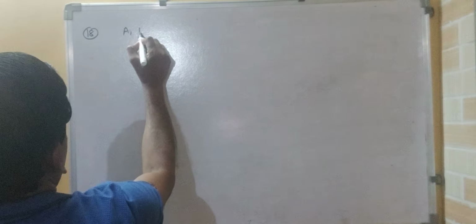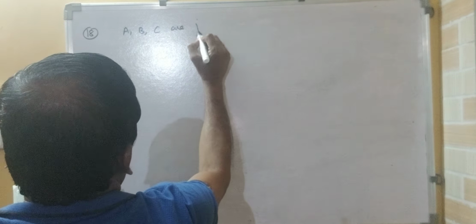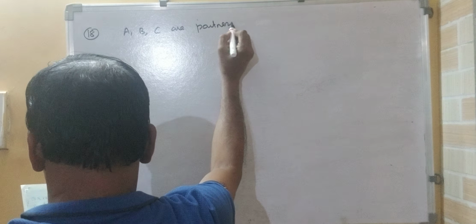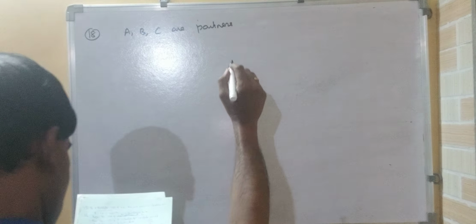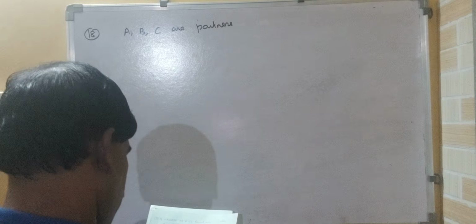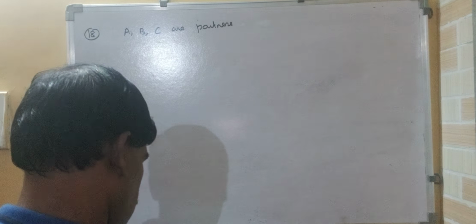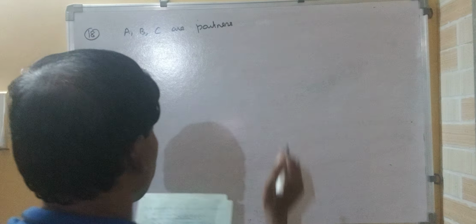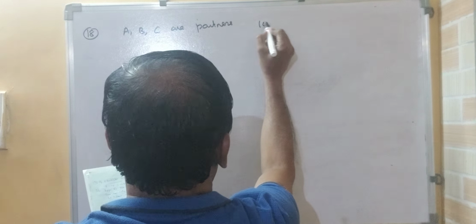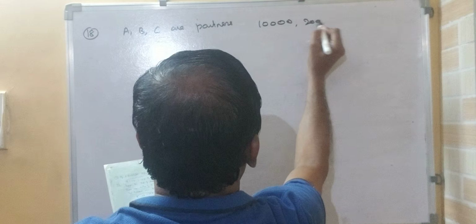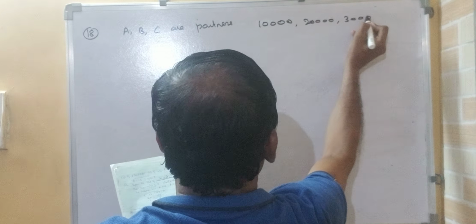See, A, B, C are partners. Okay. Now, the ratio of their investment is 10,000, 20,000 and 30,000.